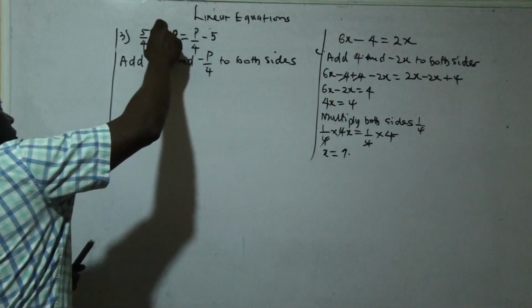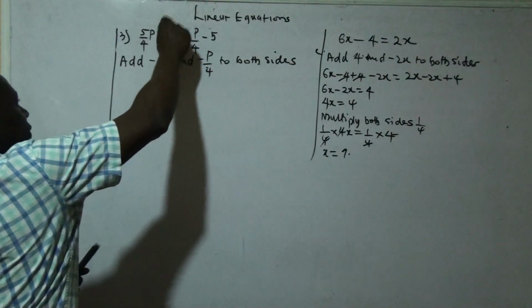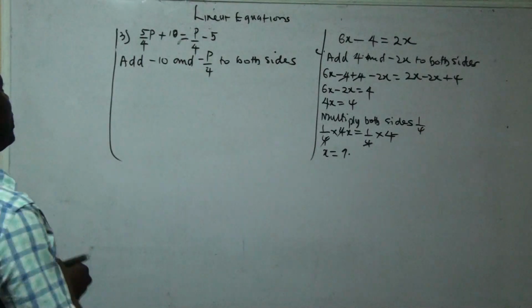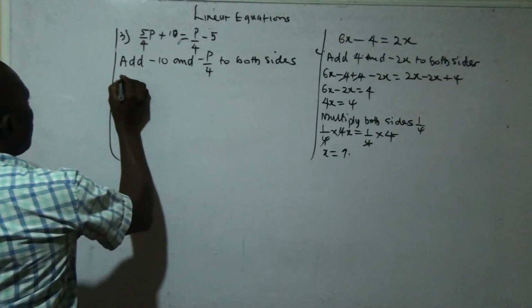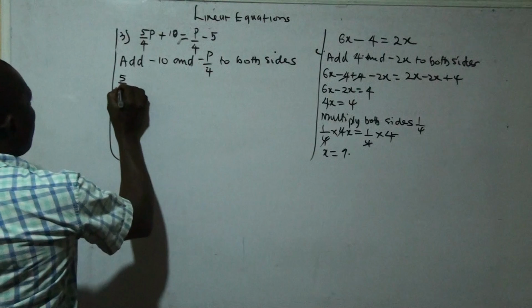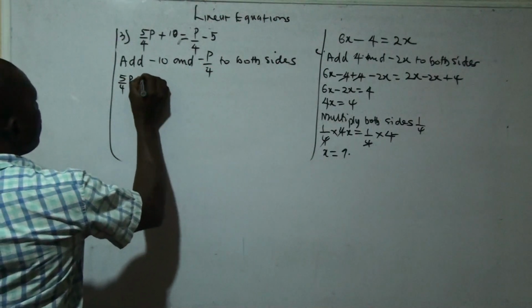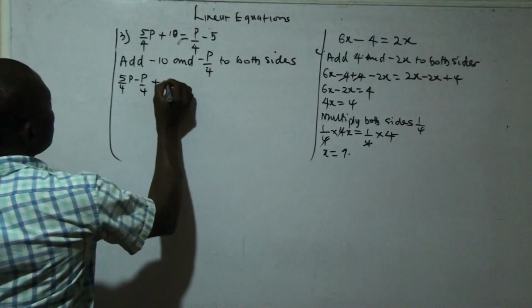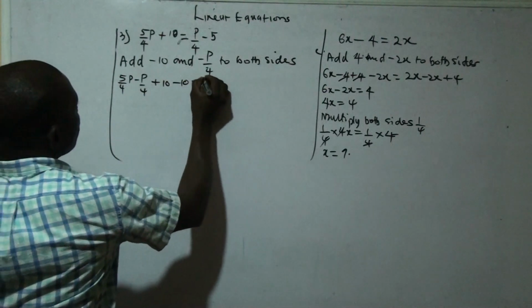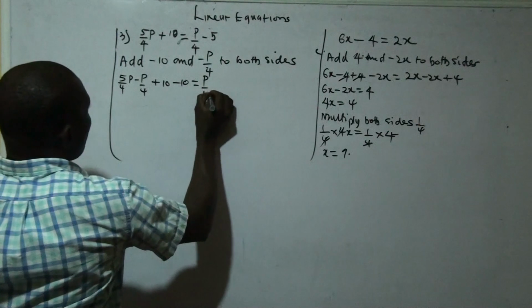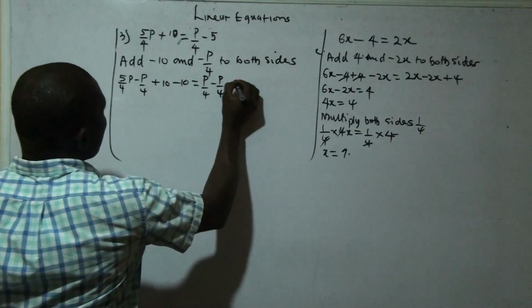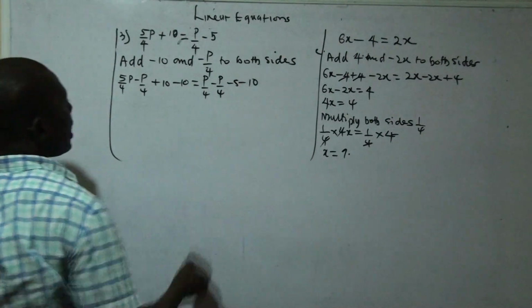This is plus, as it's coming here it becomes minus, and this is plus, as it's moving this way it becomes minus. So here we have 5p over 4 minus p over 4, plus 10 minus 10 is equal to p over 4 minus p over 4 plus 5 minus 10.